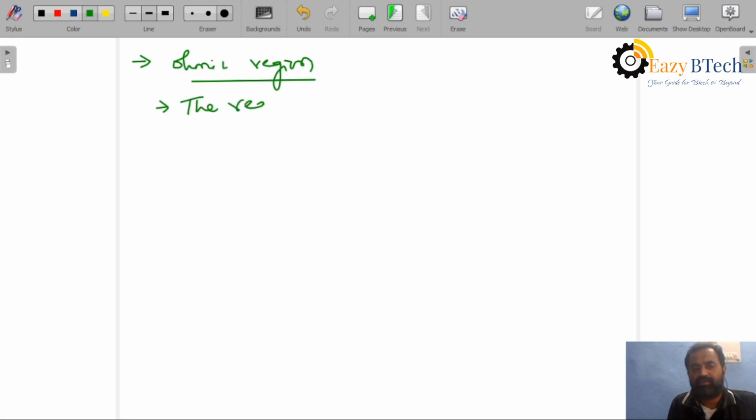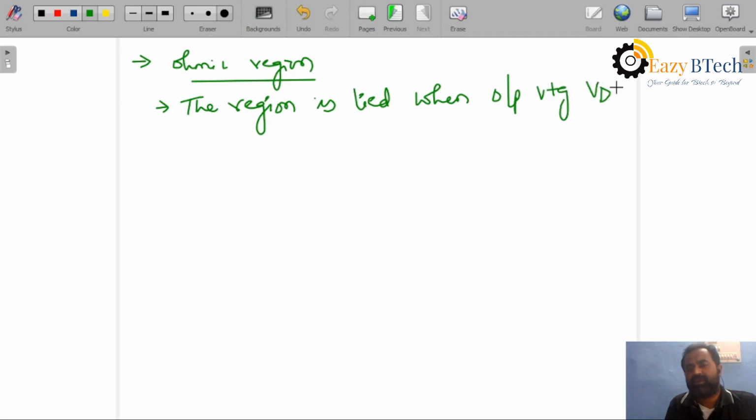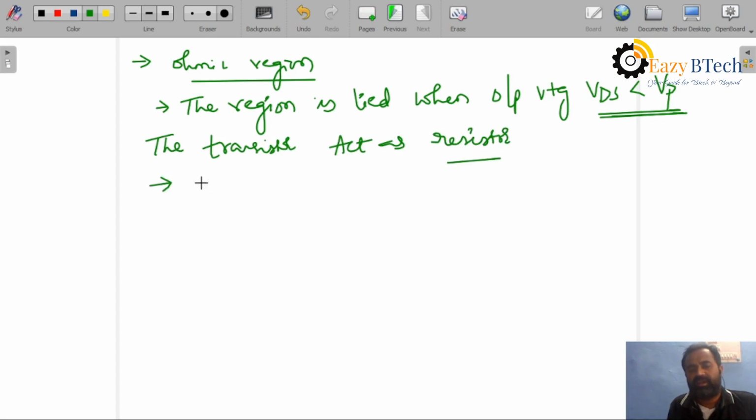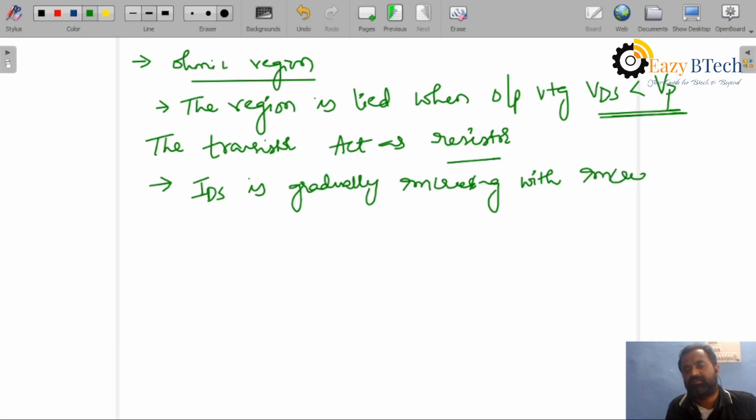When output voltage VDS is less than VP, the transistor acts as a resistor, and IDS gradually increases with the increase in VDS.